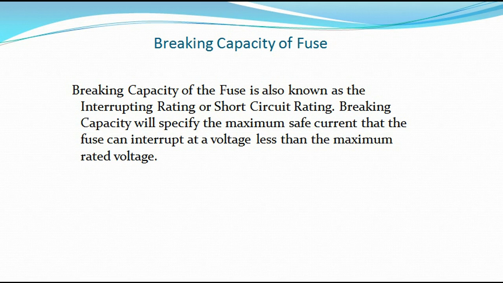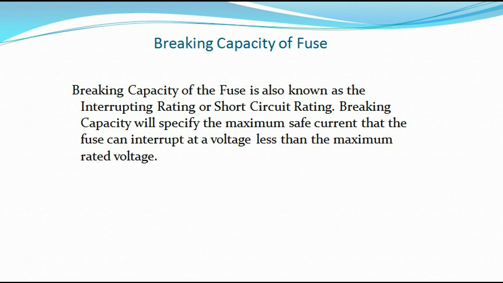So it means less than the maximum voltage rating. It means from 0 to 3 amps, from 4 amps to 5 amps, from 6 amps to 13 amps is in between. That is why it says breaking capacity will specify the maximum safe current that the fuse can interrupt at a voltage less than the maximum rated.